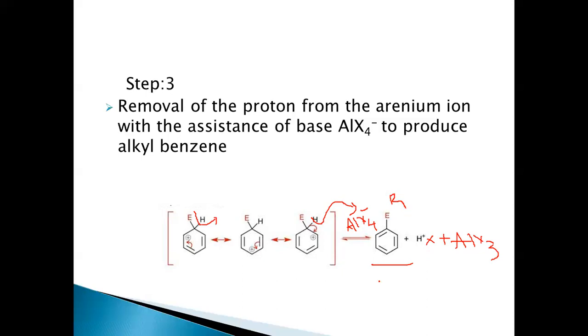So the proton is being removed with the assistance of the base, resulting in the formation of an alkyl benzene. The first step is the generation of the electrophile. In the second step, the benzene nucleus is attacked by the electrophile, resulting in the formation of the arenium ion.